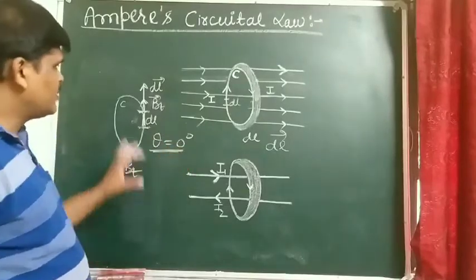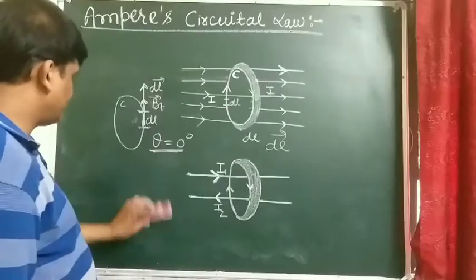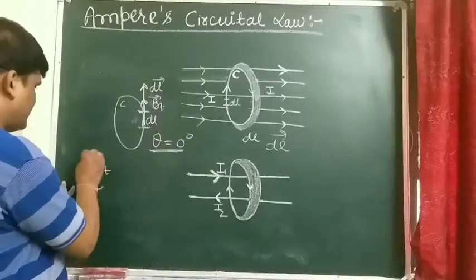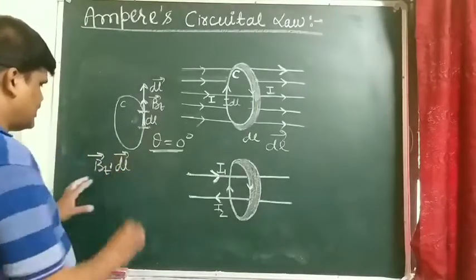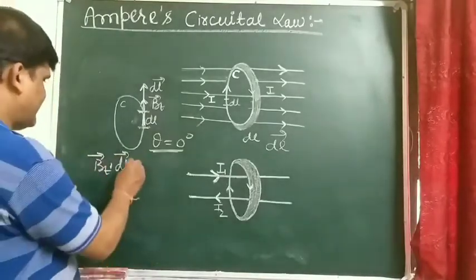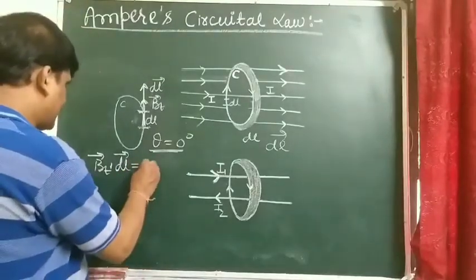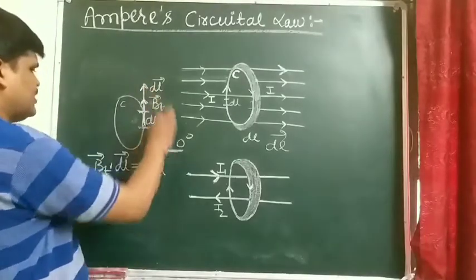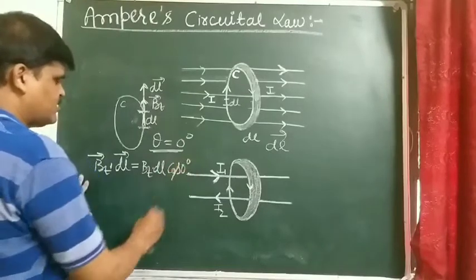If we take the product of vector Bt and vector dl, you know that a dot b is ab cos theta. The angle between them is 0 degrees, so cos 0.